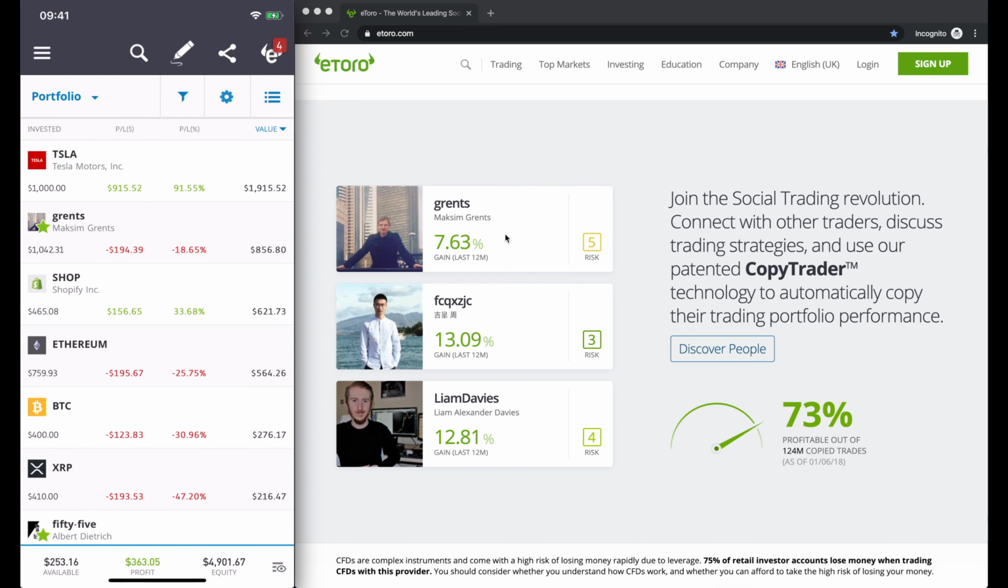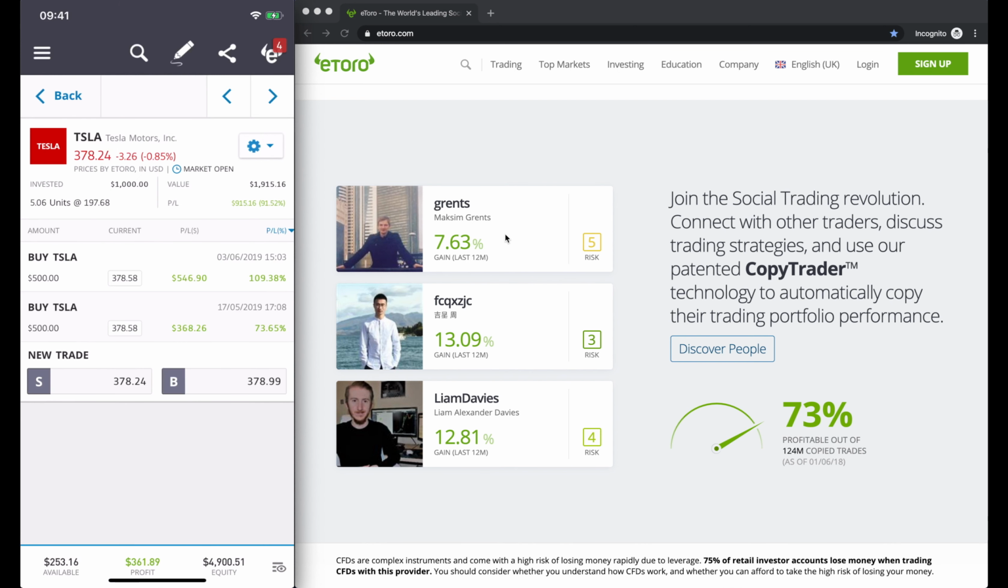Now, if we look right at the bottom where you can see the profit that I have and the equity, over the 2 or so years that I've had the eToro account, I've made almost $1,000 to $2,000. With that said, let's look at Tesla, which currently has a profit to loss ratio of almost 92%. Underneath the logo, we have 5.06 units, and it gives you an average.